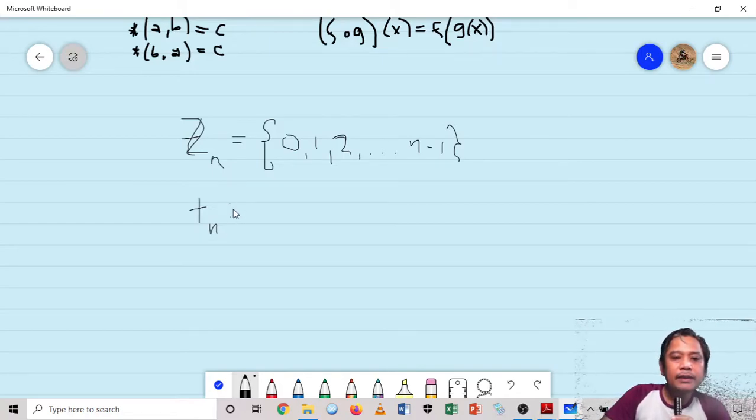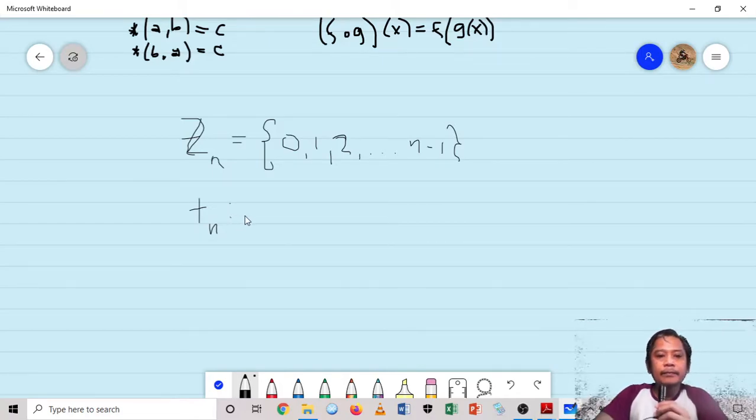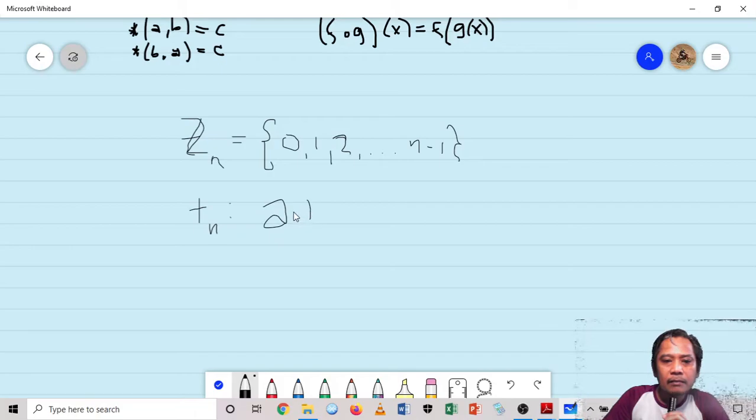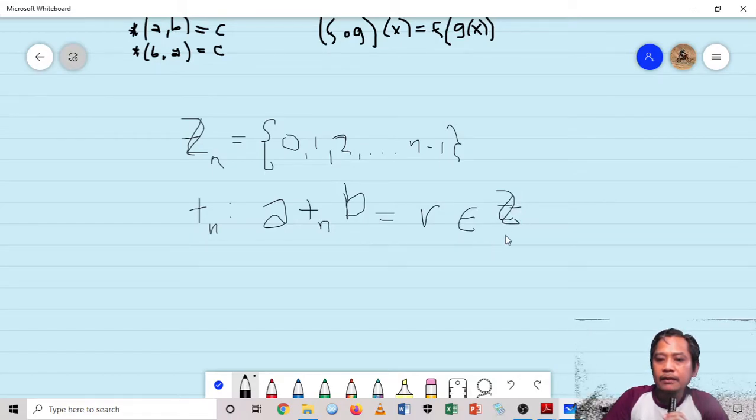We can define A plus sub n B as equal to R, wherein R is an element of Z sub n, and R is the remainder when A plus B is divided by n.